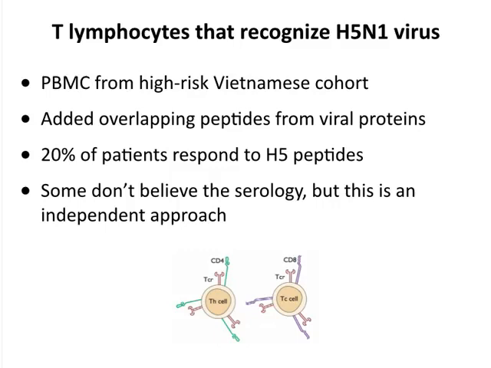So what they did is draw blood from a number of these individuals, and they purified peripheral blood mononuclear cells, so the white blood cells that are part of your immune response, and this would include B and T cells, of course. And then they put these in culture, and they added to the cells a mixture of peptides.